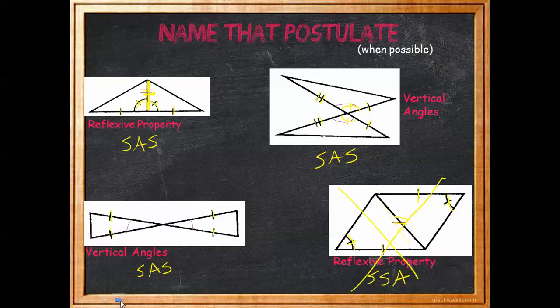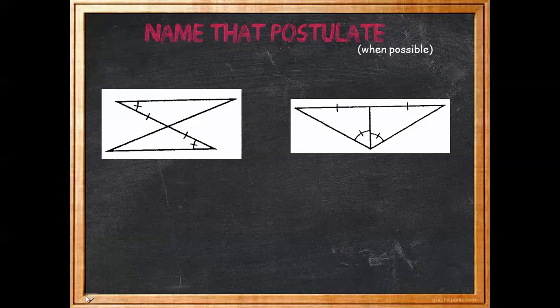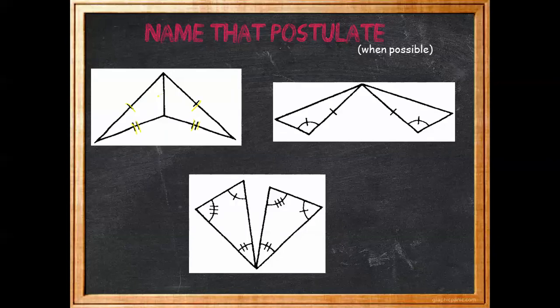So this is not one that we can prove. On this one, we have this side that's congruent, we have this side that's congruent, and then according to the reflexive property, we know that this side is congruent. So this one would be side, side, side.